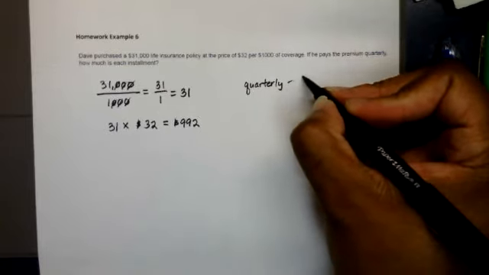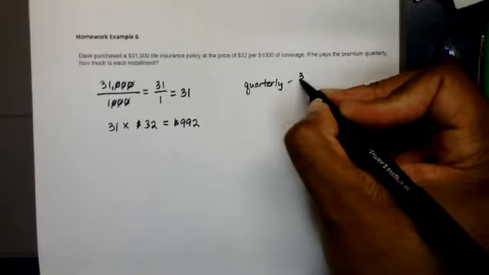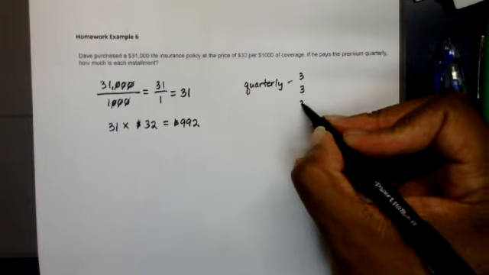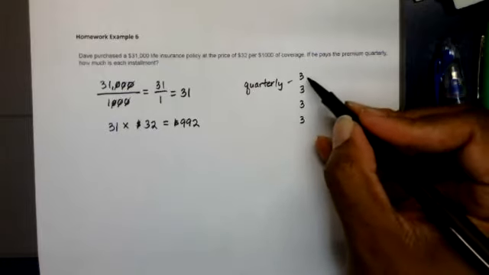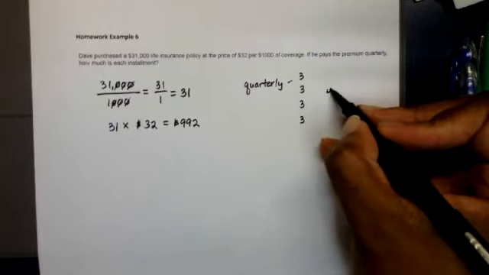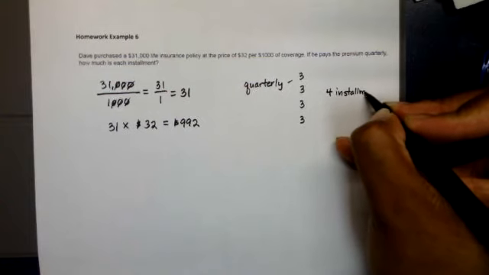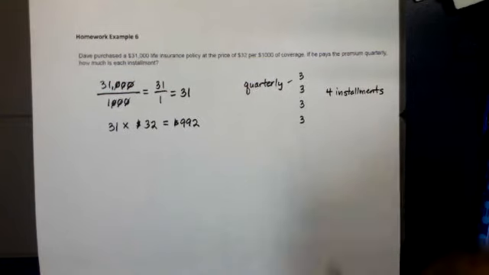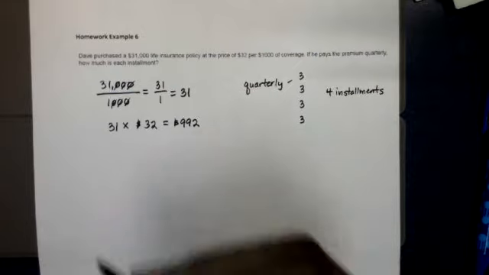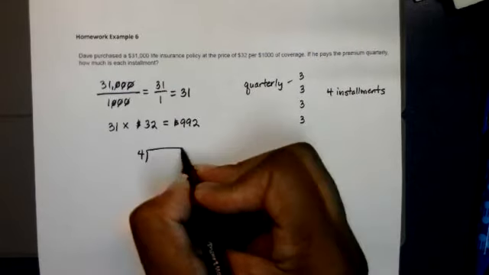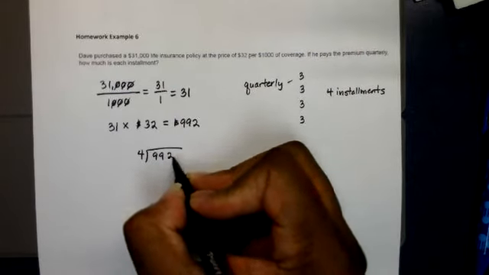That means the first 3 months, the second 3 months, the third 3 months, and the last 3 months. So that means there are 4 installments. So we're going to divide 4 into 992.